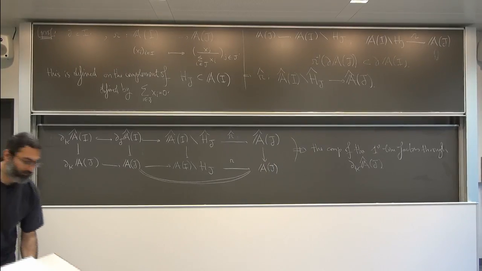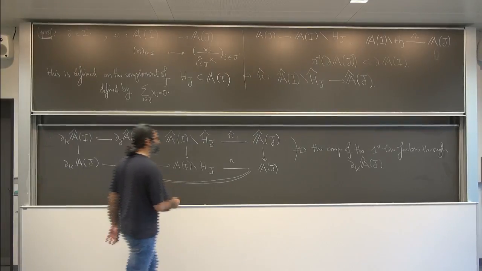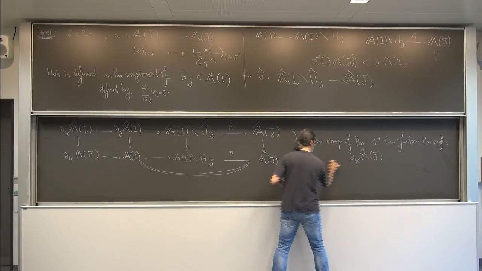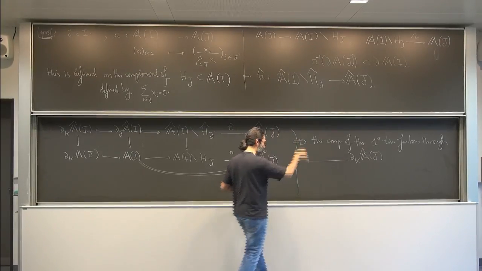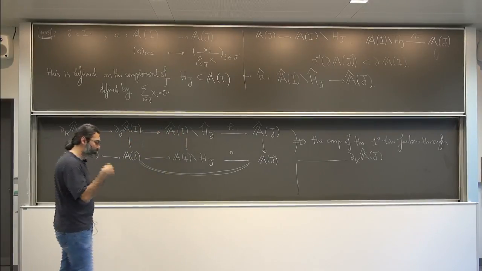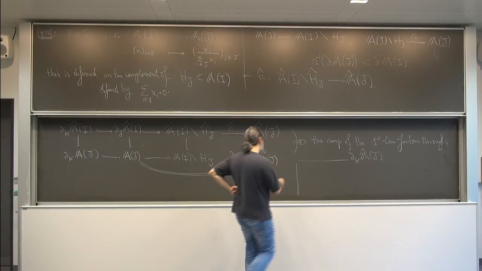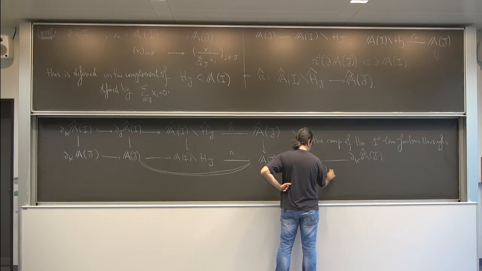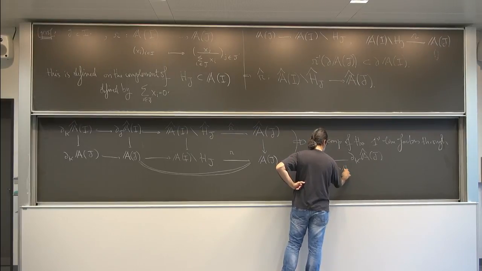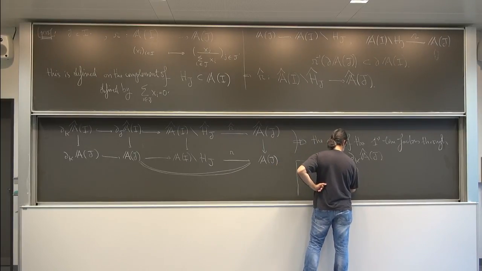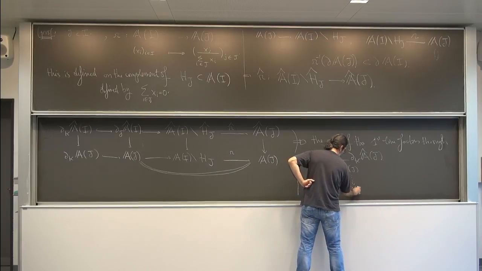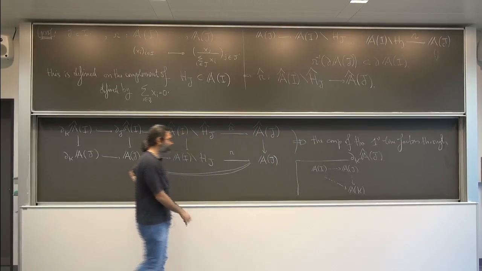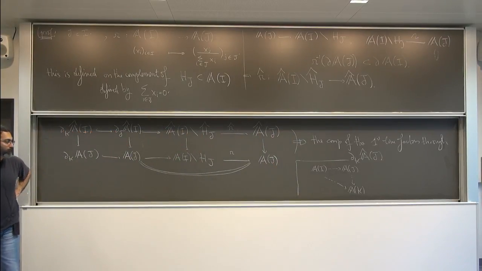I will not, of course, check the compatibilities of this map, but let me just say one word. The triangle in the statement, which may be a bit surprising, simply comes from the fact that if you look at these rational maps, one does have a commutative triangle like this also.